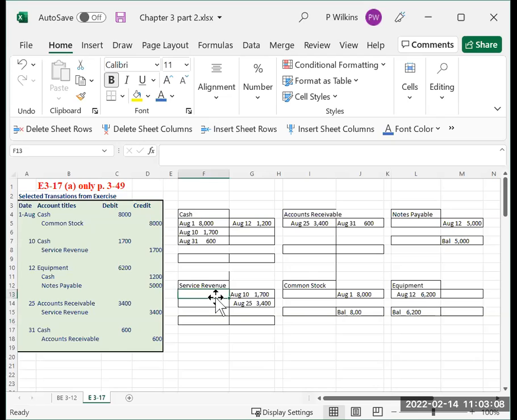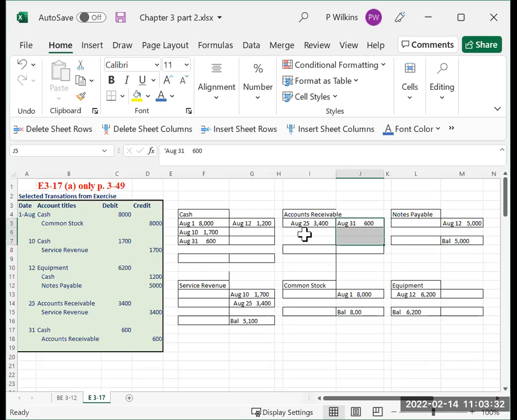Okay, then over here on service revenue, we've got a credit of $1,700 and a credit of $3,400. And it is a credit balance account. We're going to add those two up. So the balance is $5,100. And then if we come over here to accounts receivable, we see that the debit side has $3,400. The credit side has $600.